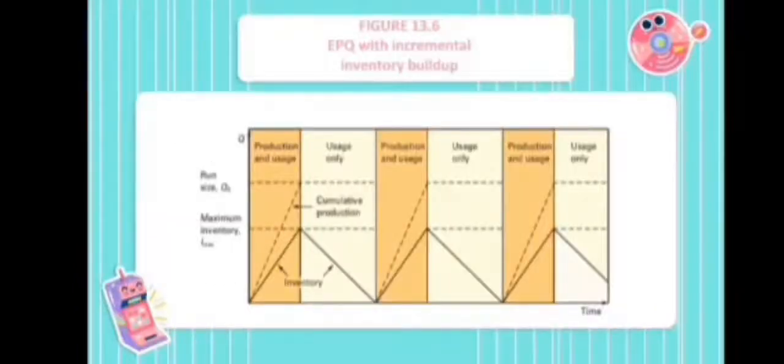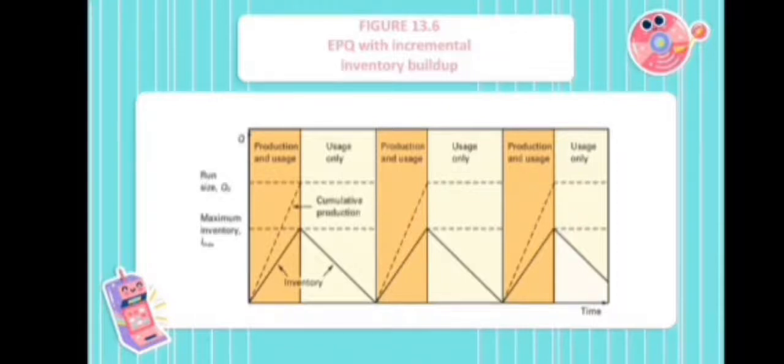Figure 13.6 illustrates how inventory is affected by periodically producing a batch of a particular item. During the production phase of the cycle, inventory builds up at a rate equal to the difference between production and usage rates. For example, if the daily production rate is 20 units and the daily usage rate is 5 units, inventory will build up at the rate of 15 units per day.